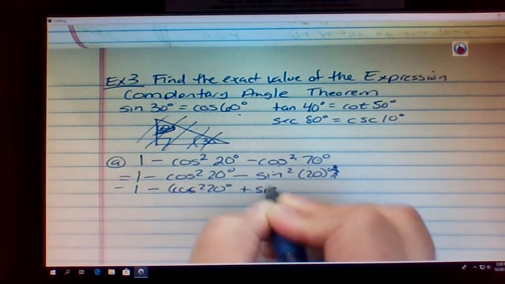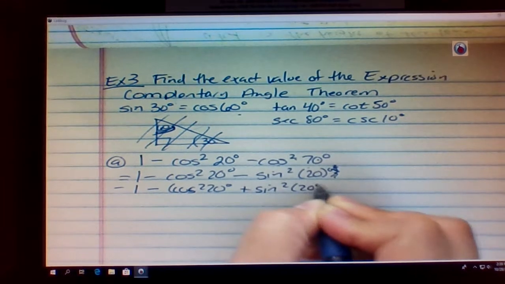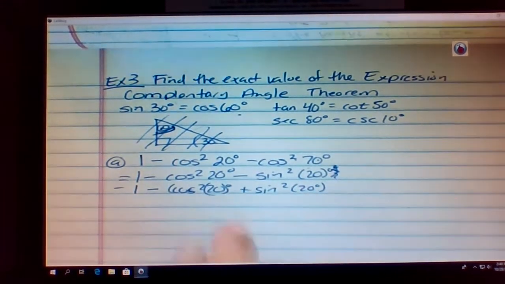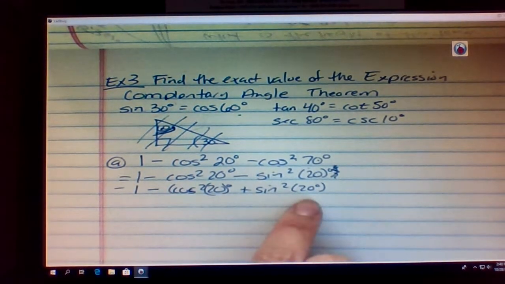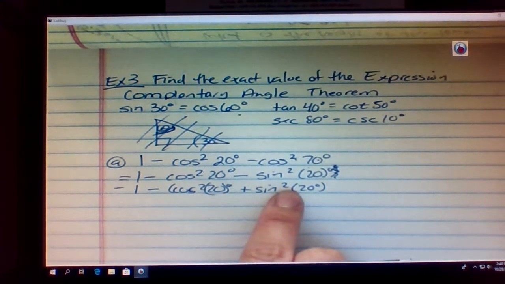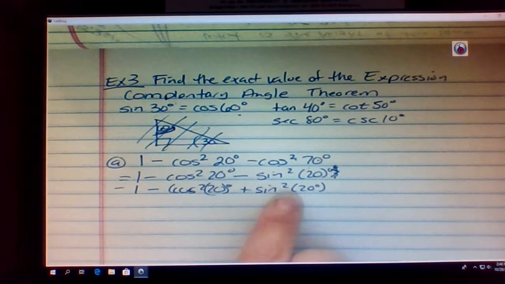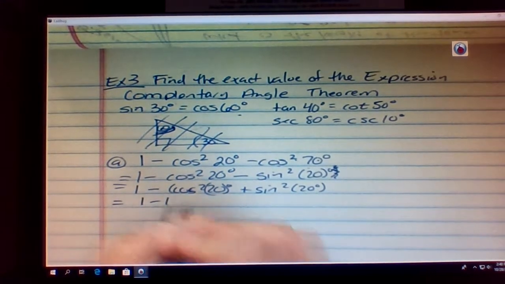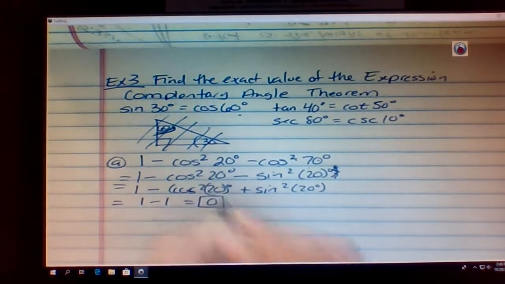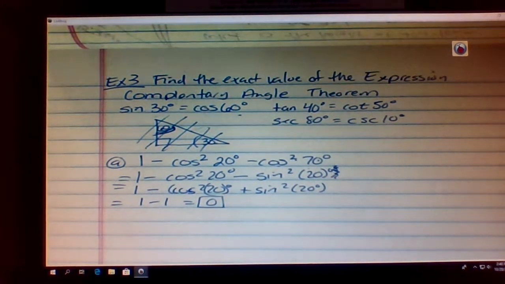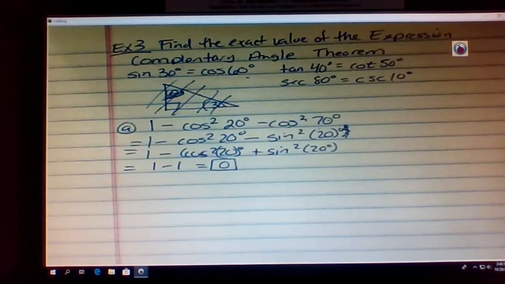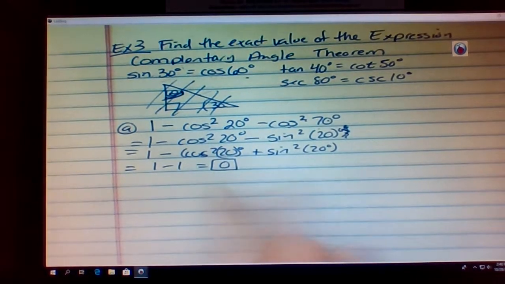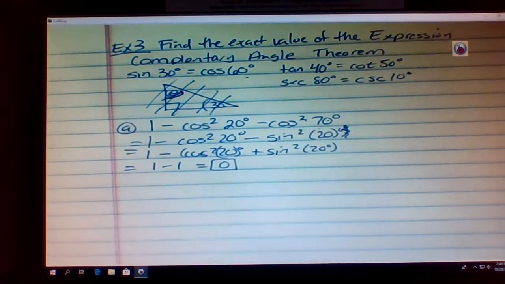What is cosine squared plus sine squared? 1. So this becomes 1 minus 1, which is 0. So in the first few problems, you're going to end up using the Pythagorean theorem, the tangent is sine over cosine, and all those wonderful things.